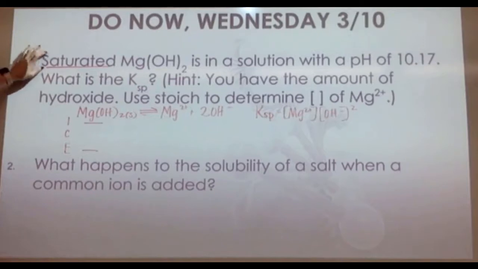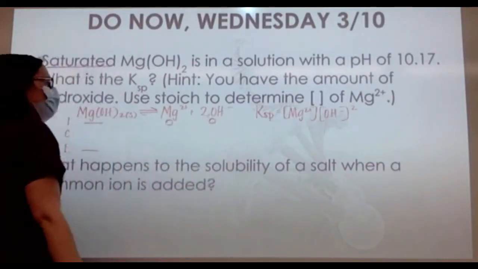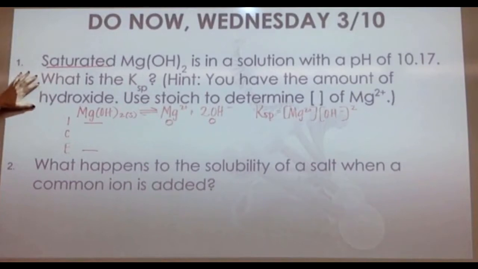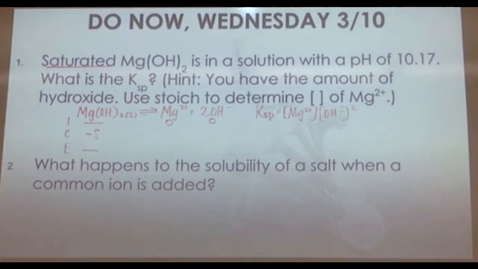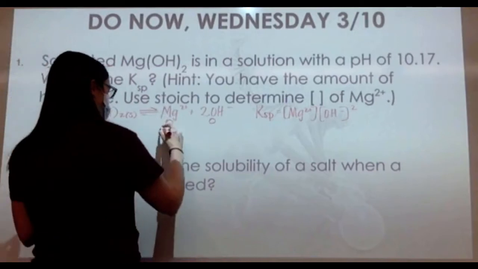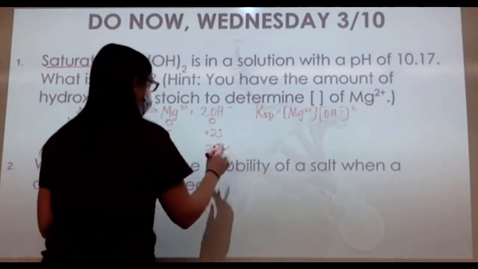Because this says saturated magnesium hydroxide is in a solution, we're going to assume we have 0 ions initially. I'm going to fill in this ice table with just our S's and then go back and figure out values. So if the solid dissolves, this is plus S, this is plus 2S. So then at equilibrium, here's what we have.